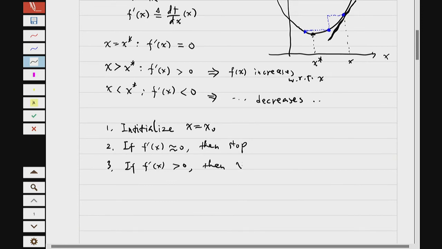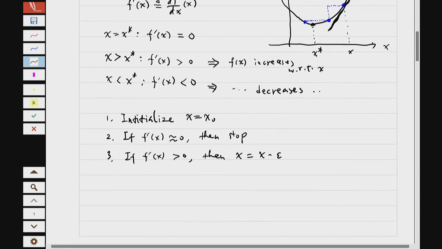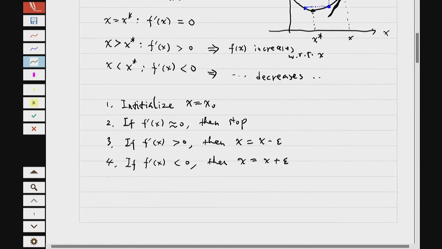If f prime is greater than 0, then you go a bit to the left, so you subtract an epsilon, where epsilon is something that's positive. And if f prime is less than 0, then you go a little bit to the right, so plus epsilon, right? That's how you express the whole idea. A very simple idea, but sometimes writing it out properly and correctly is not exactly easy. And now you can go to step 2: you check whether the gradient is small enough.